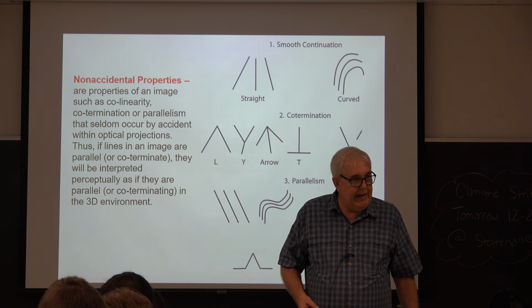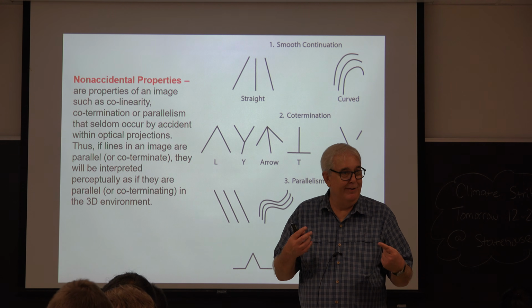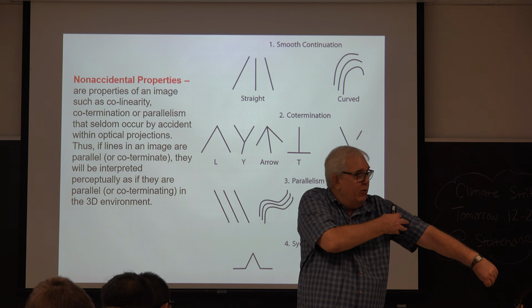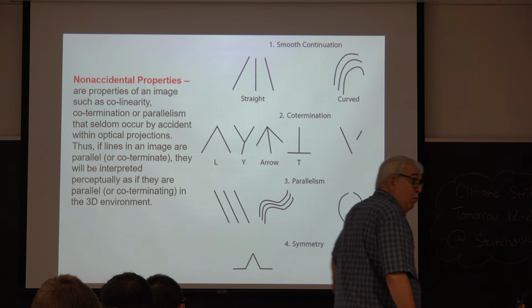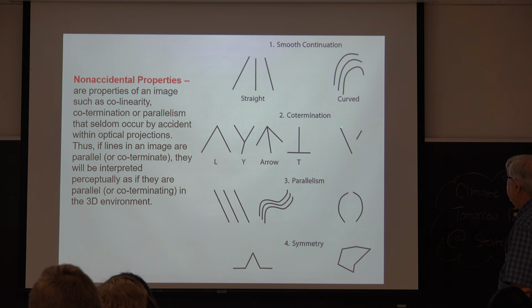The reason is that cotermination is also preserved under arbitrary viewing directions. So my elbow is attached to my shoulder. It doesn't matter what I do. I can walk around the world, I can bend, I can flex. My elbow's always going to be attached to my shoulder. And so the fact that they attach in your retina, your brain is going to assume they're attached in the real world. This is a topological property.